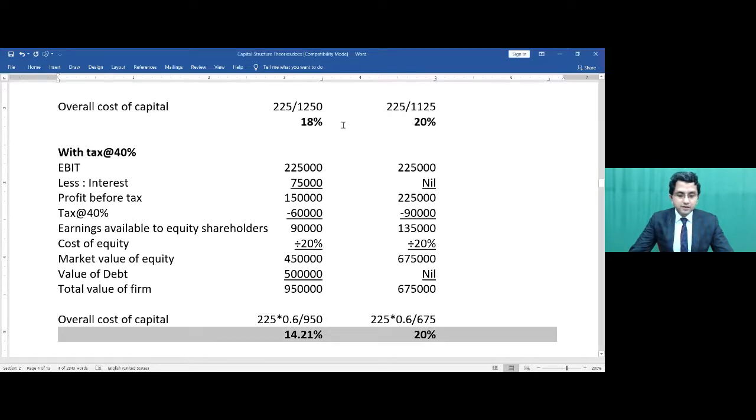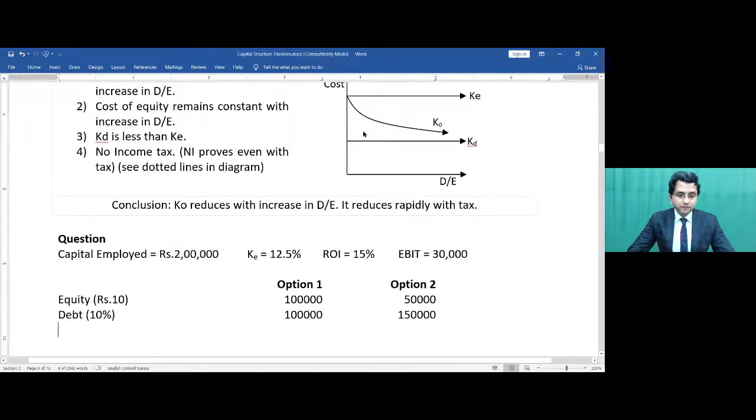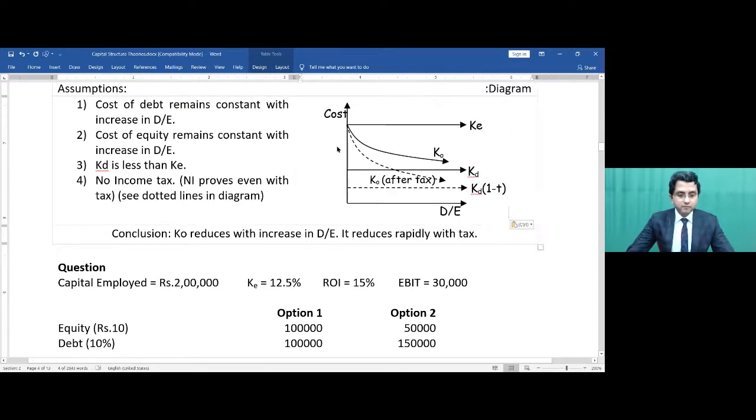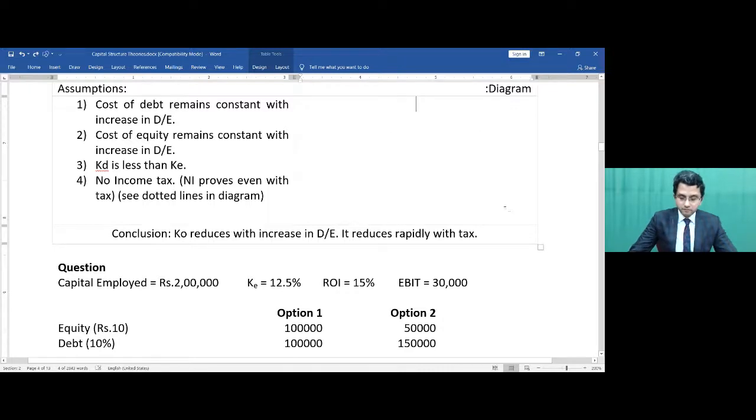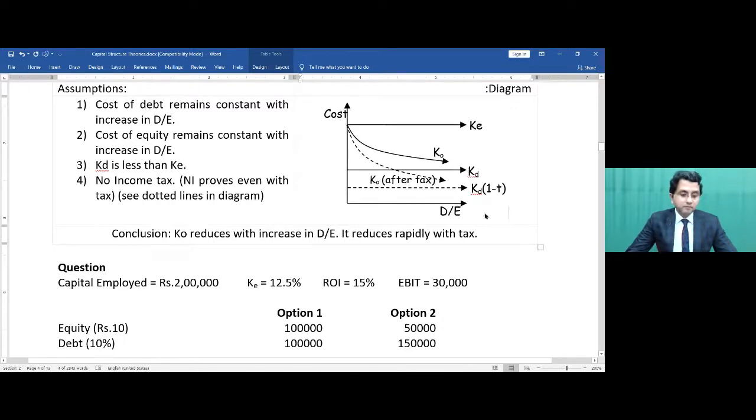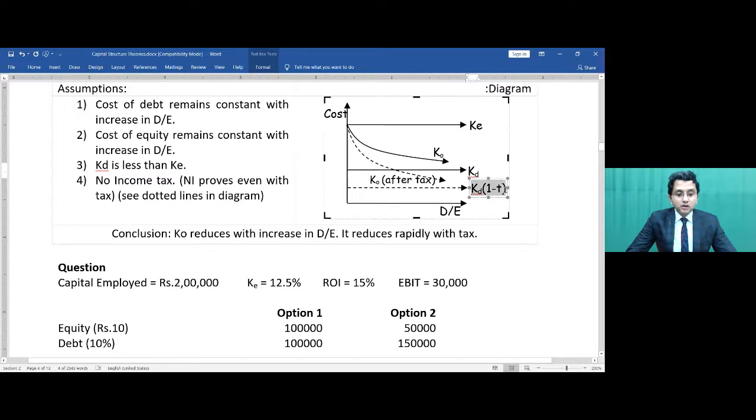In fact, I will show you one thing. Look here. This is your cost of debt without income tax. And this dotted line is cost of debt after income tax.